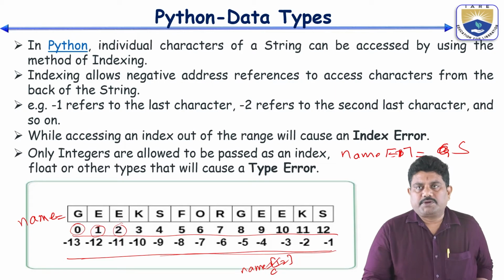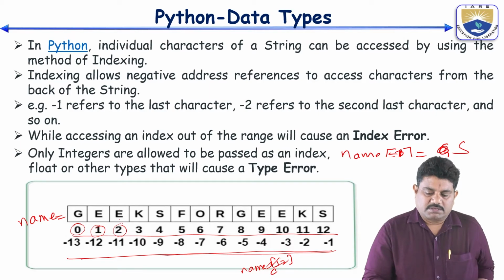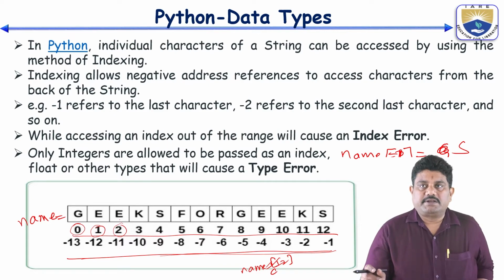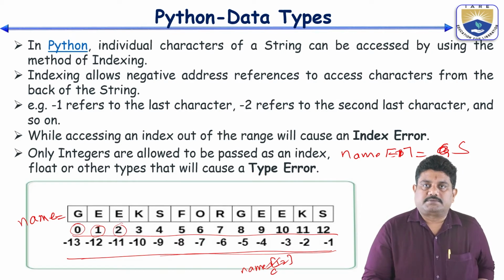By programming you need to use a function called the string length function, or you need to use a for loop to find the length of the string, or a while loop to find the length of the string. So all these things are there, and then you need to identify the last character index, and you need to pass that last character index to access the last character.